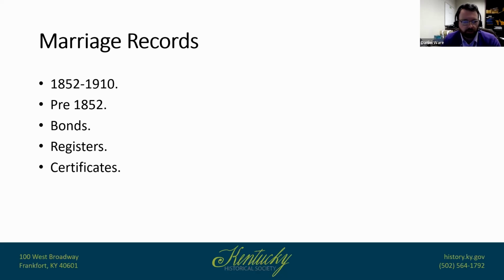And then we've also got registers, which list who the married couple was that was registering for the marriage, and then certificates and things like that. So there's a higher chance to find a marriage record before 1852 than the others, just because they didn't really do that quite as often from what I've been able to find.